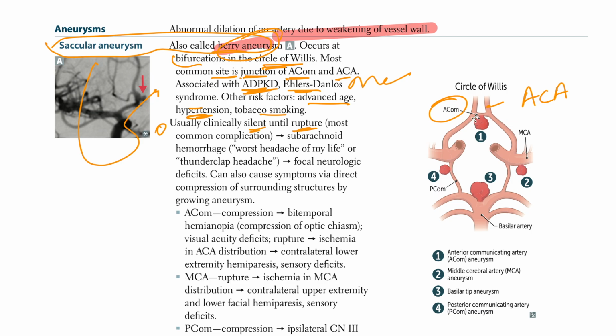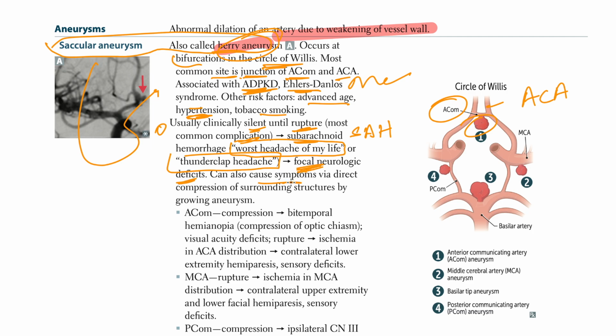So these aneurysms could be there, right? But unless and until they rupture, which is the complication, it can lead to subarachnoid hemorrhage, which is, again, the worst headache of my life, or thunderclap headache, which leads to focal neurological deficits.